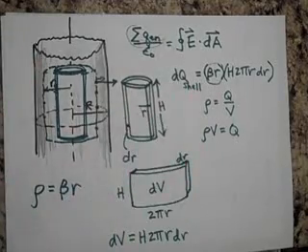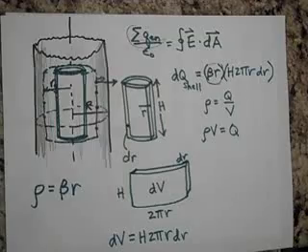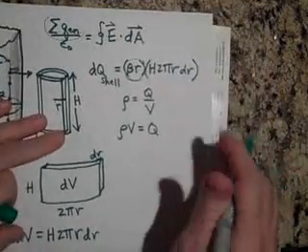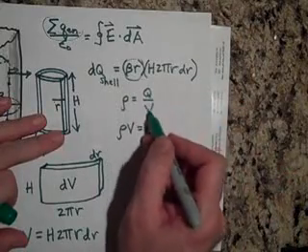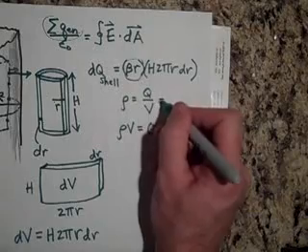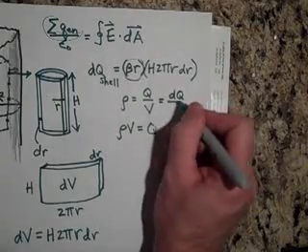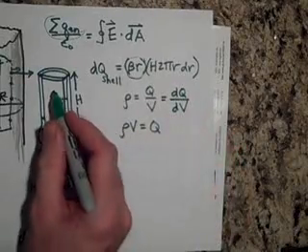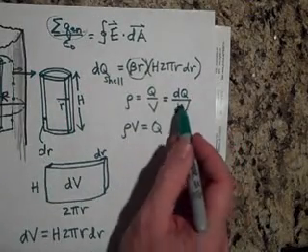And so what you're doing then is using that rho is equal to this, but if it's varying, you can also say it's equal to dq over dv. It's equal to the charge enclosed in the shell divided by the volume of the shell.